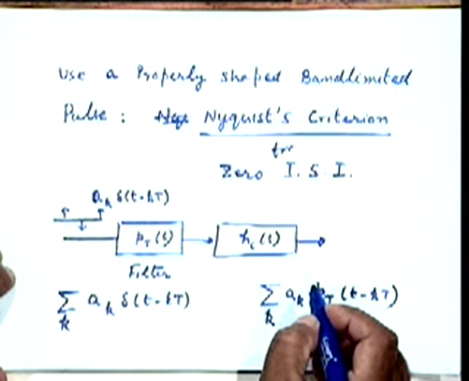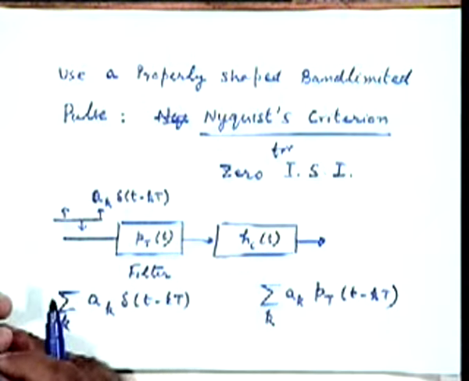Finally, at the receiver, as far as detection of the a_k's is concerned, we have agreed, although we have not discussed the theory of that so far, that we will use some kind of a matched filter. So there is a third filter coming into the picture at the receiver, which has perhaps an impulse response p_R(t).